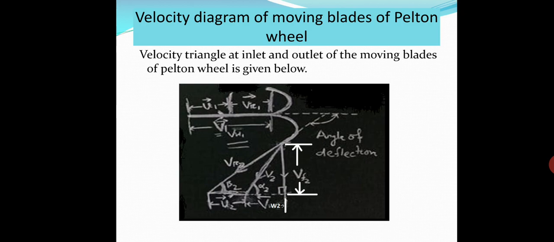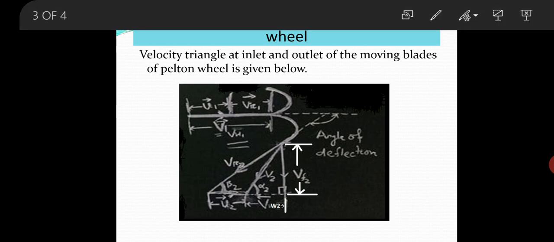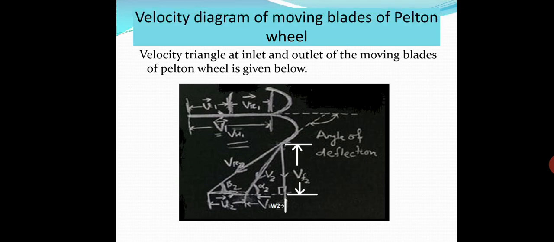So this is U1, this is V1, the difference is the relative velocity VR1, and the horizontal component VW1 is nothing but V1. And this is the triangle at outlet. Similarly, this is the angle of deflection, this is the relative velocity VR2, and this is U2. This horizontal component is VW2.